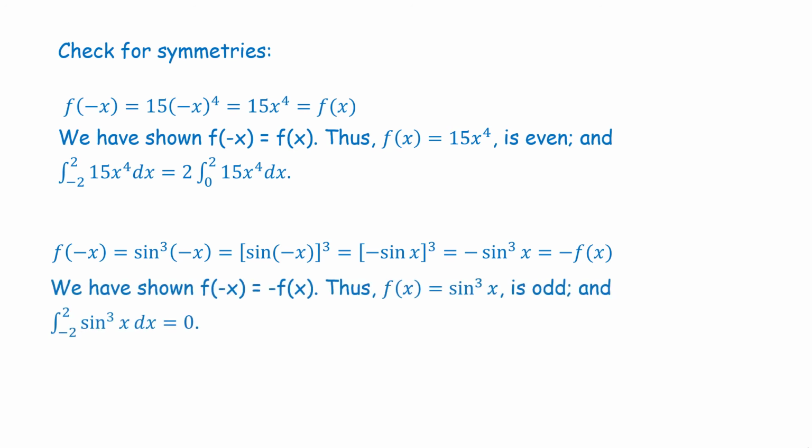We have shown that for sine cubed x, f of minus x equals minus f of x. That is, f of x equals sine cubed x is odd, and the integral from -2 to +2 of sine cubed x dx is 0.